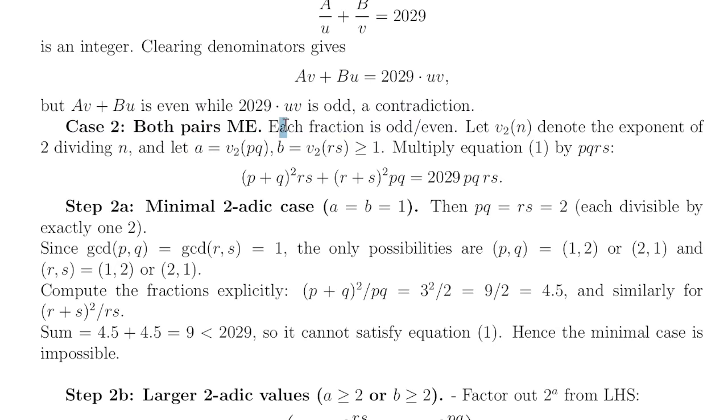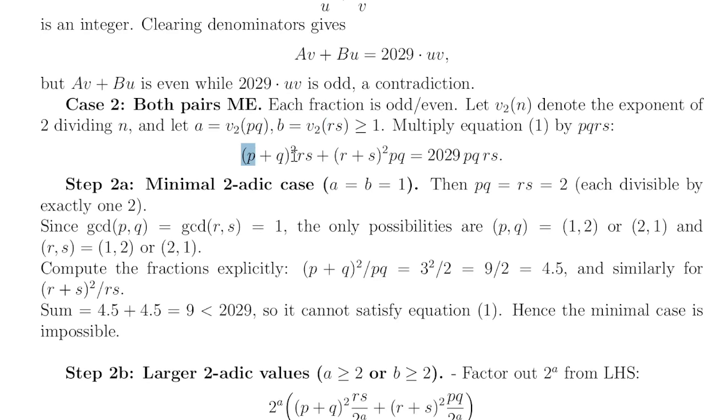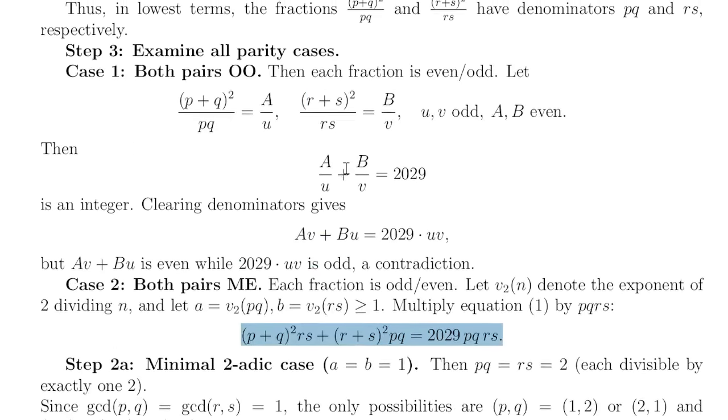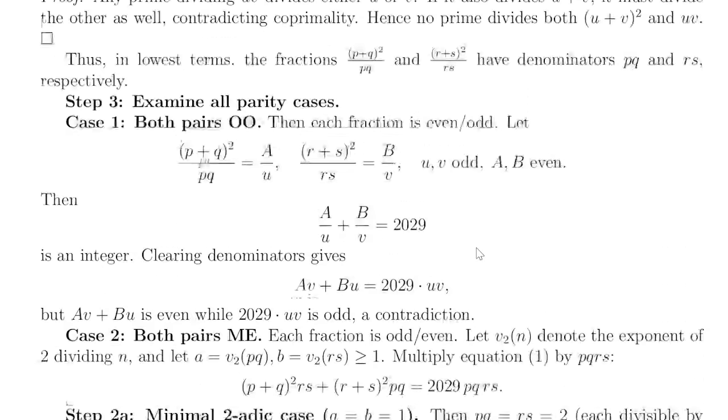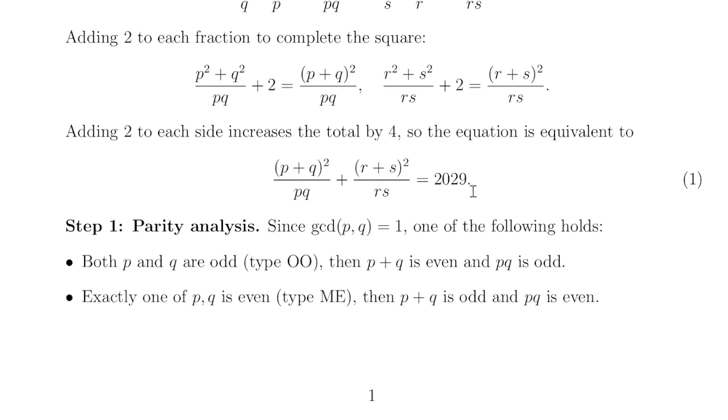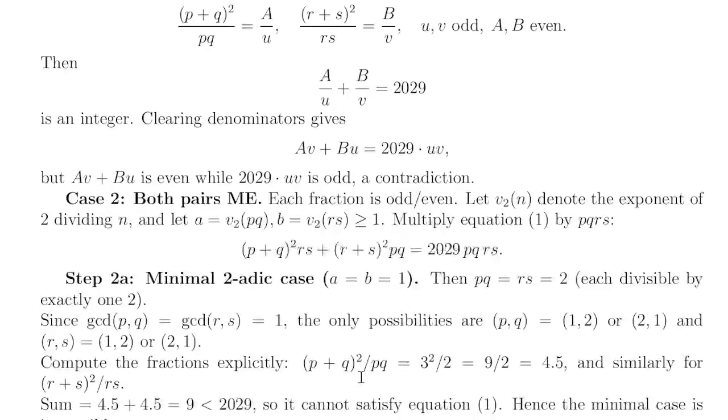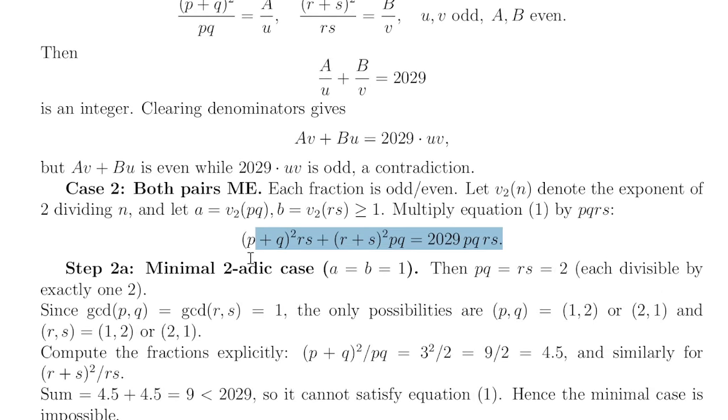Here we are taking the two-adic valuation, which is the highest exponent of 2 dividing all the terms inside the brackets. What we are doing here is we multiplied by pqrs on both sides. So in this equation, we multiplied by pqrs on both sides, and we got this expression.